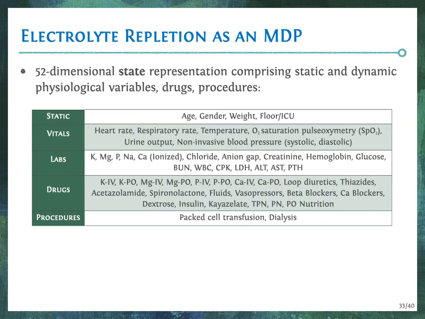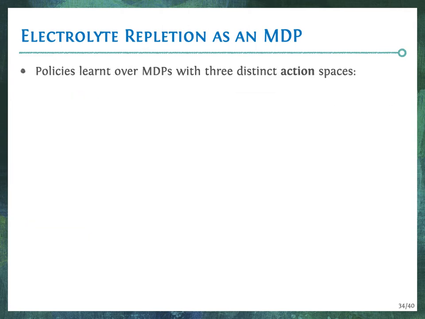As before, we considered this decision-making problem as an MDP, formulating a 52-dimensional state space with both static and time-varying features of patient physiology, as well as any procedures and medications that may have direct or indirect impacts on potassium levels, such as the administration of dialysis or non-potassium-sparing diuretics.